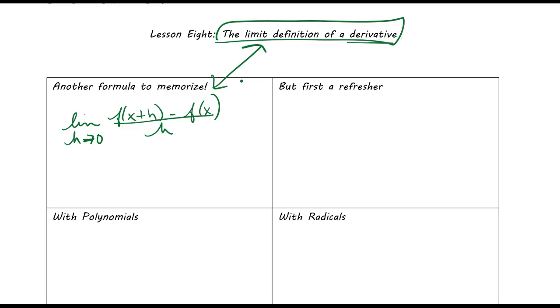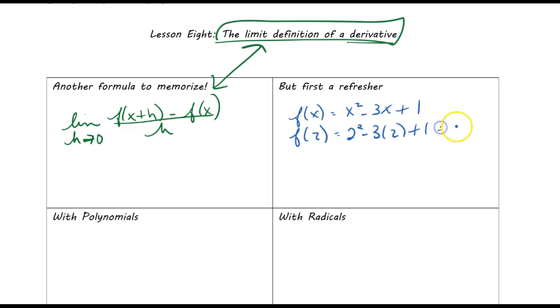Now it says, but first a refresher, and the refresher is because my students used to mess up the front part of the formula. So just as a refresher, remember that if I say that f of x is x squared minus 3x plus 1, and I say f of 2, what would you do with the 2? Well, you would just plug it in, and then you would find a number.